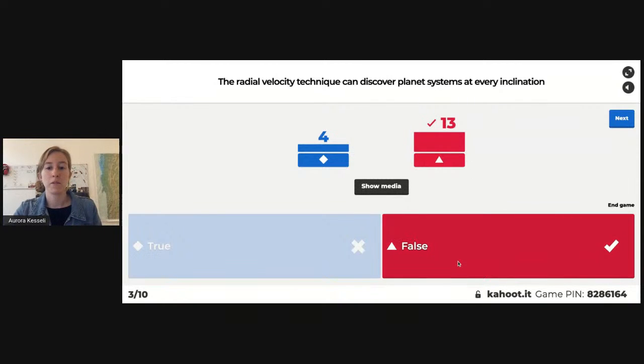Okay, great. Most of you got that false. So the radial velocity technique can only discover systems where the planet is moving in our line of sight. So if you have a face-on orbit, we're never going to be able to discover that planet with radial velocity.